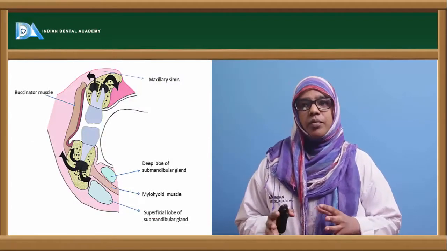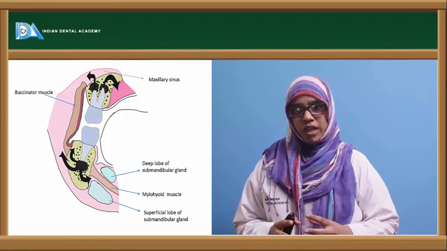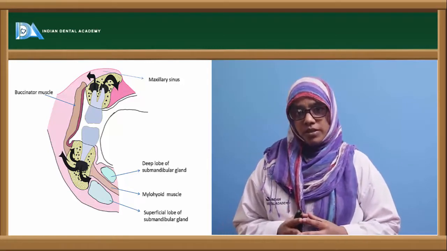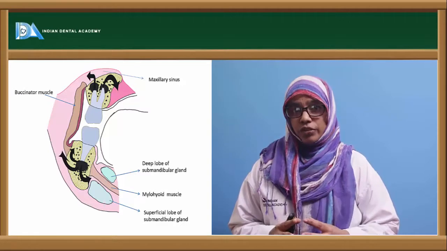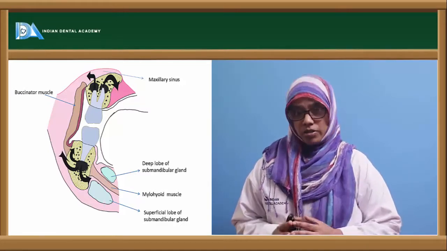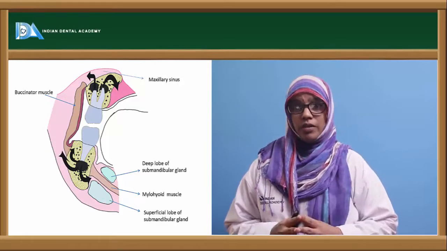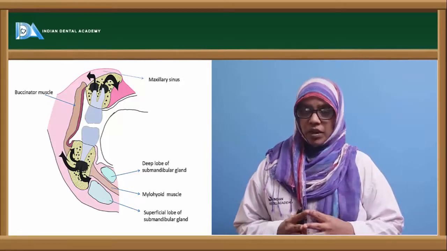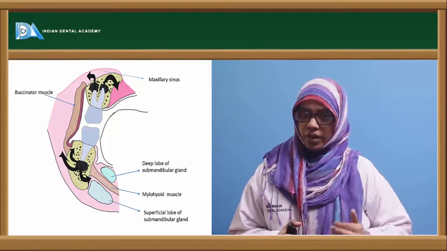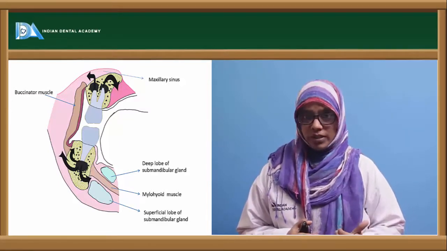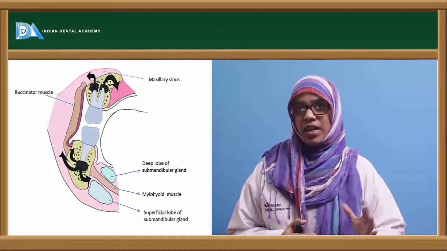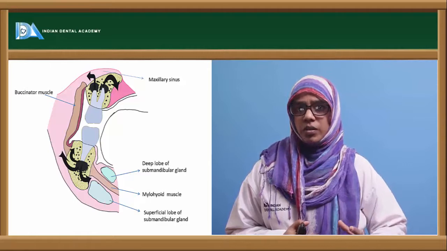This is a diagrammatic representation of a tooth and the spread of infection that can take place. From the upper molars, the infection can spread through the palatal region, that is between the palatal bone and the palatal mucosa, resulting in palatal swelling or palatal abscess. Then the infection from the buccal root can enter either into the buccal vestibule, resulting in vestibular space infection, or between the buccinator muscle and the skin, resulting in buccal space infection.